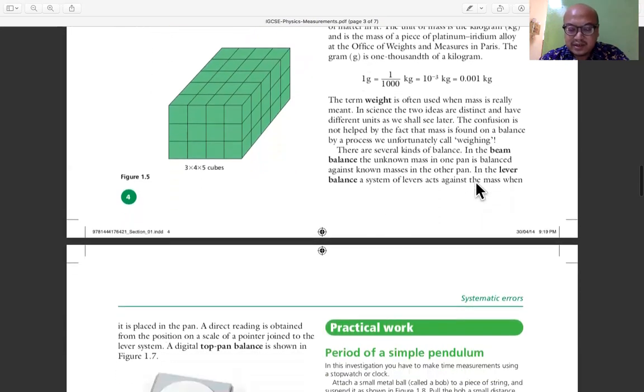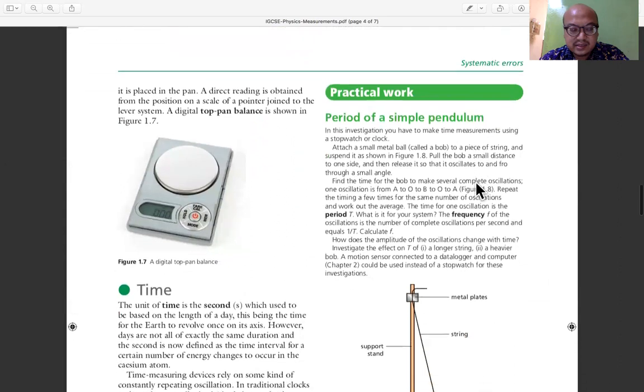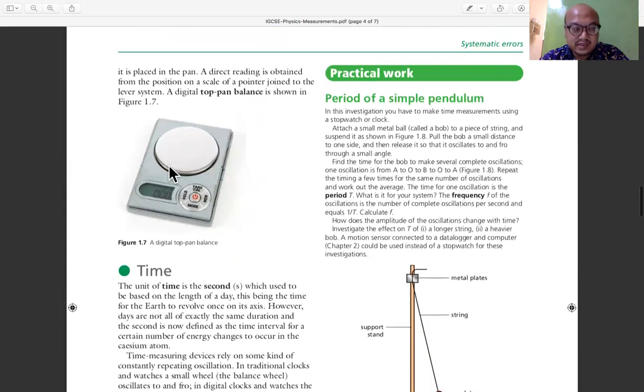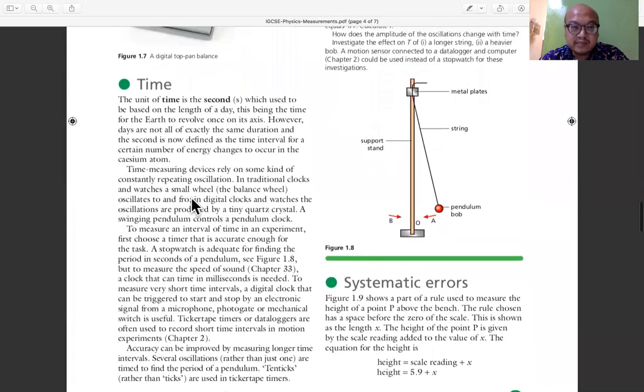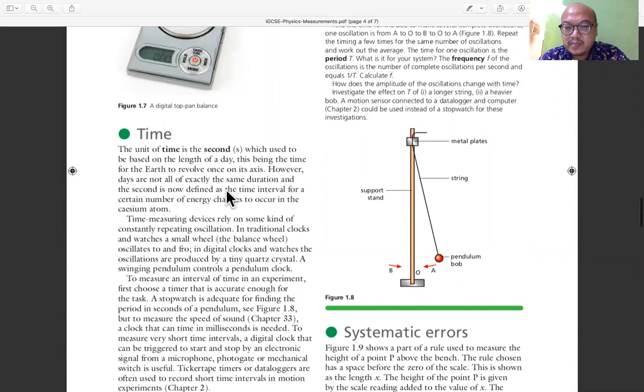I will skip it. This is a digital top balance for measuring the mass. Our school has about 5. And then time, in seconds, using a stopwatch or your watch maybe.